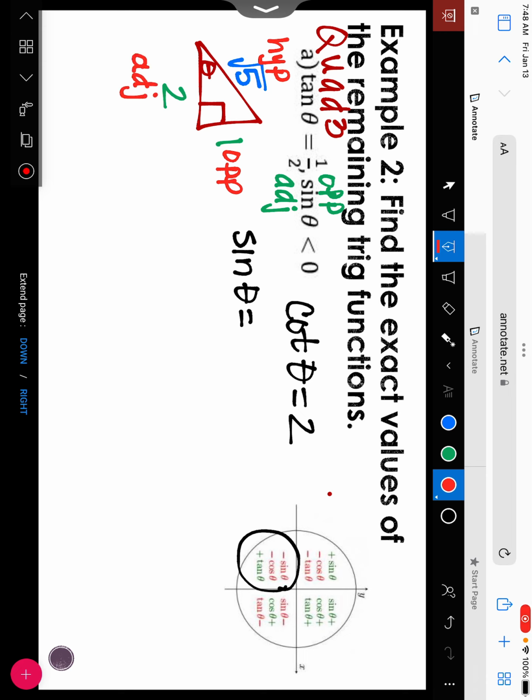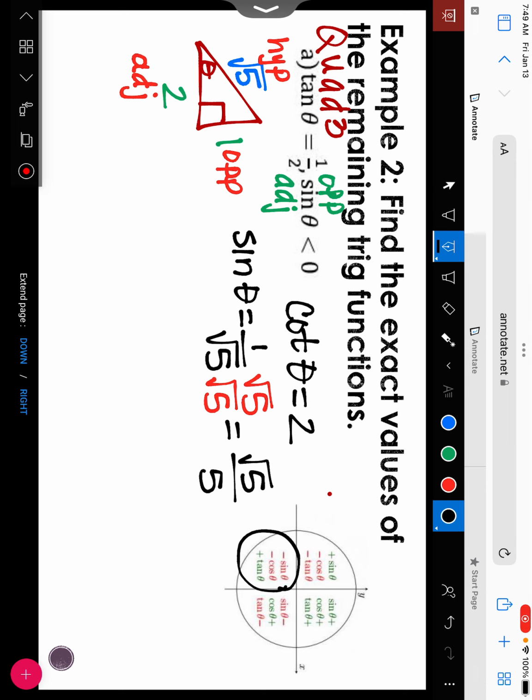I'll go ahead and add that too. So sine equals opposite over hypotenuse, which would be a 1 over the square root of 5. We can't leave it that way, so let's rationalize it. So that would be my final answer.